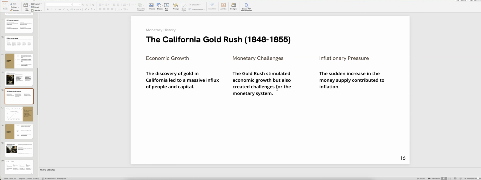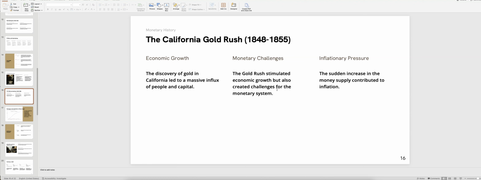It becomes useful as well in this chapter to talk about the gold rush. We talked about it a little bit in terms of it influencing the production of goods and even the transportation system.